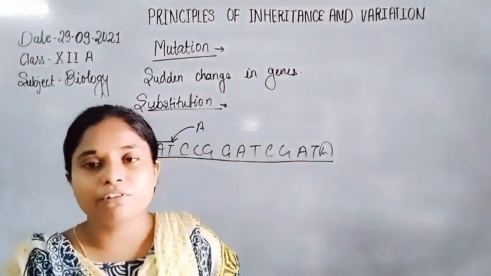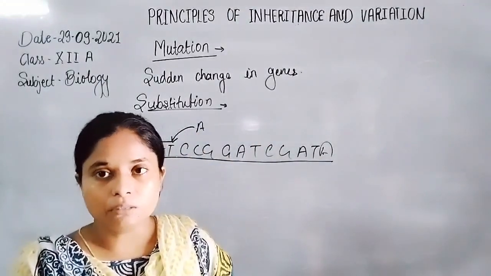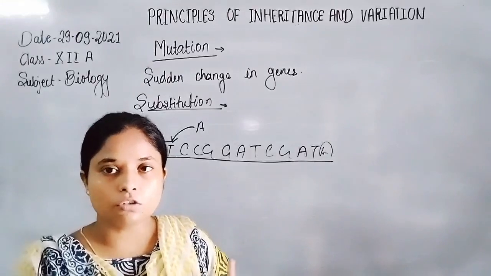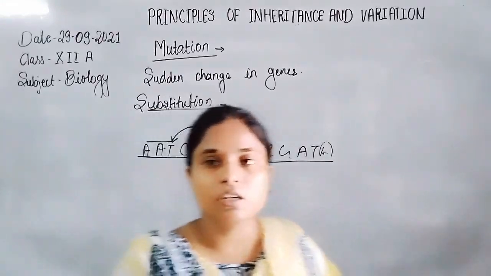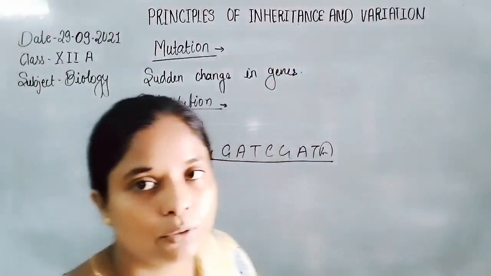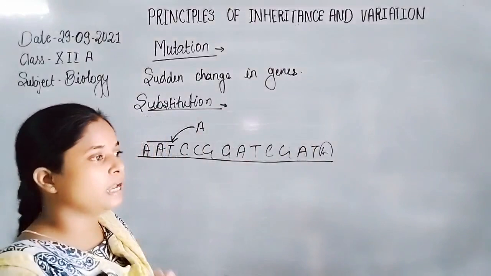Previously the chain would synthesize glutamic acid, but due to the substitution, or the point mutation, there is a change in the single amino acid, that is, glutamic acid is replaced by valine.